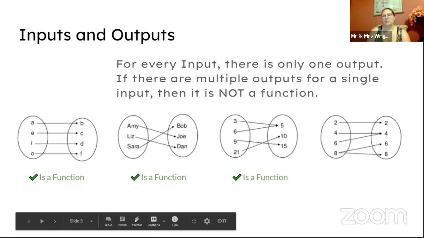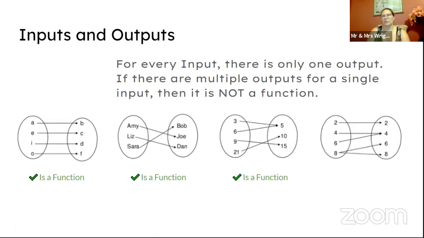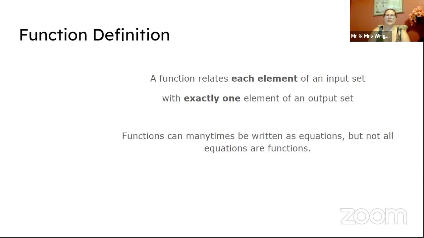All right, so this last one, 2 outputs 2, 4 outputs 4, 6 outputs 4, so far so good, and 8 outputs, wait, 8 outputs 6 and 8? This one is not a function, okay? So a function will relate. It's a relationship, a machine. It relates each element of an input set with exactly one element of an output set.